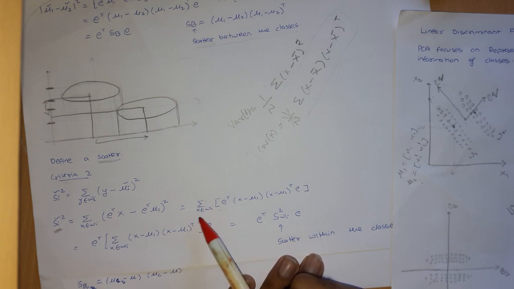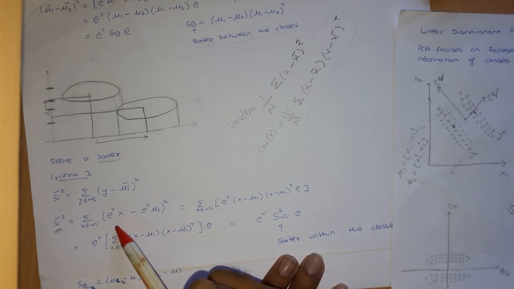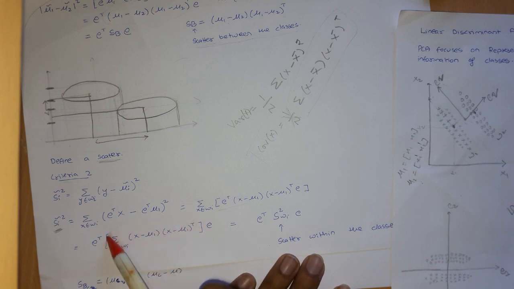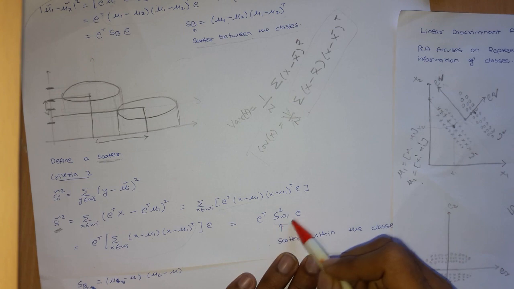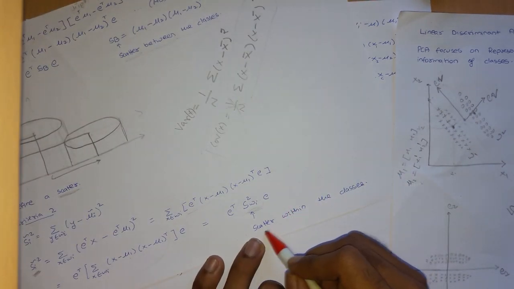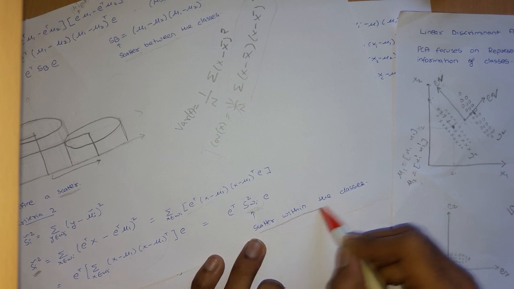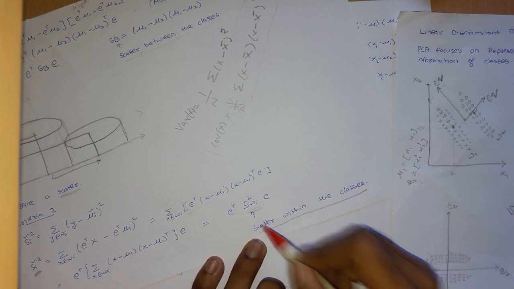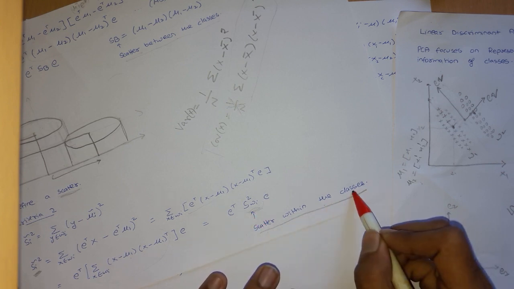The summation only depends on x. Now this particular thing, that is (x minus mu1) into (x minus mu1) transpose, I am denoting as S W i. This is what I call the scatter within the class. This is a new name that is given to this thing, scatter within the class.